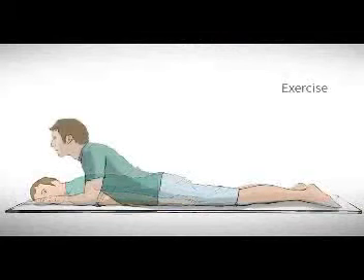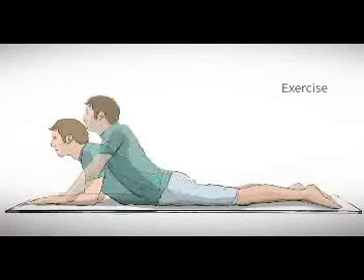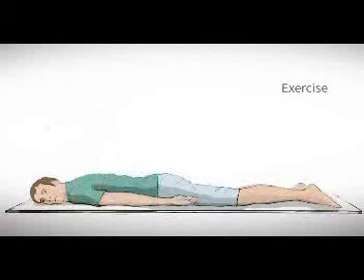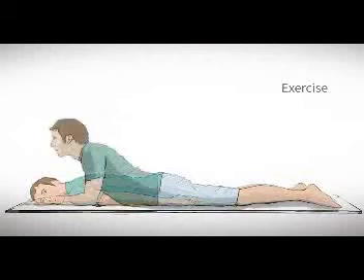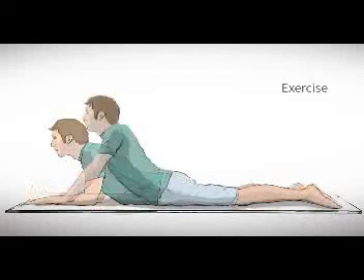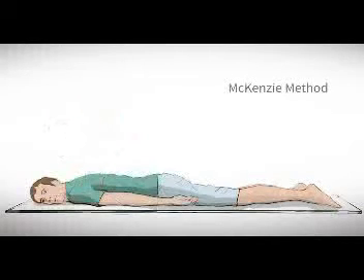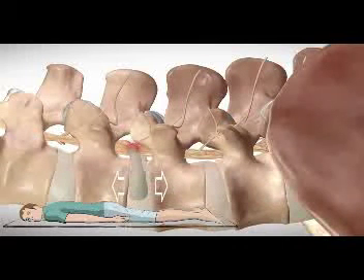Exercise can relax muscles and reduce pressure in the lower back structures. It is important to consult your health team to determine which exercises are best for your condition. Consider one common low back pain exercise program called the McKenzie method. For patients with posterior disc herniation, lying in a prone position reduces the pressure on the disc.